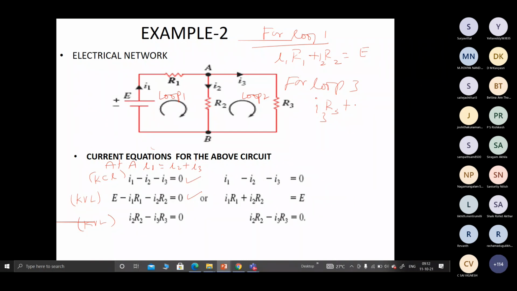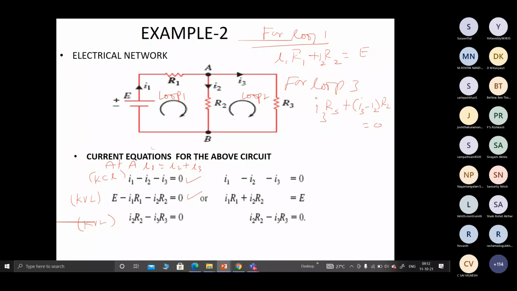What is the current across R2? Not minus I2. I3 minus I2. One is going like this, another one is coming, so the difference will be the current into R2, equal to 0.